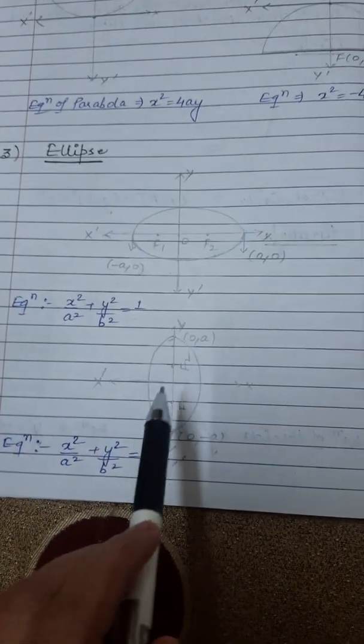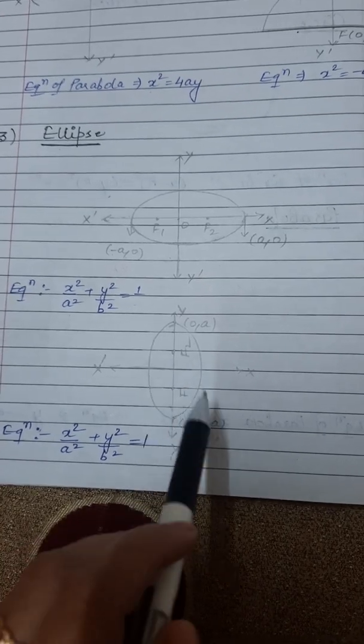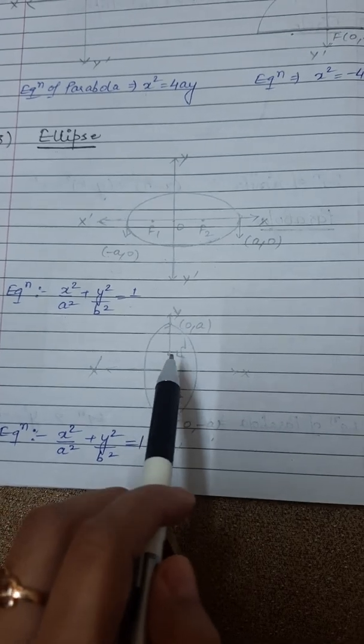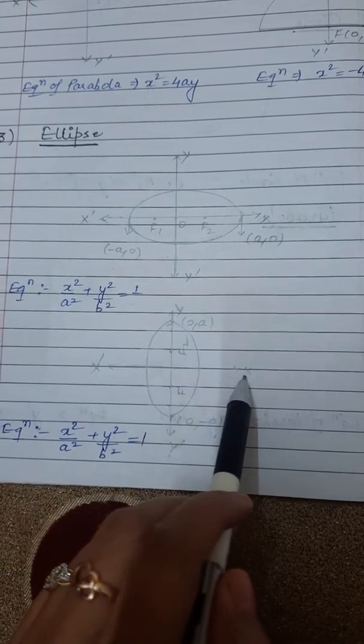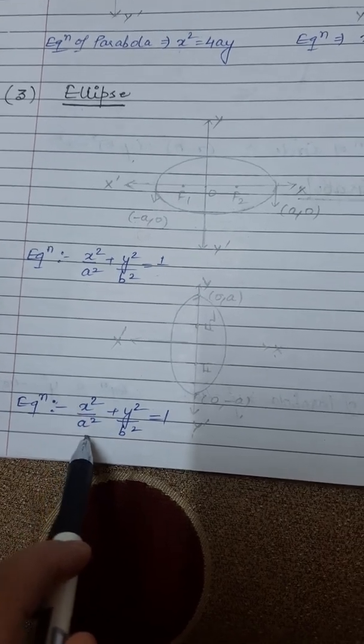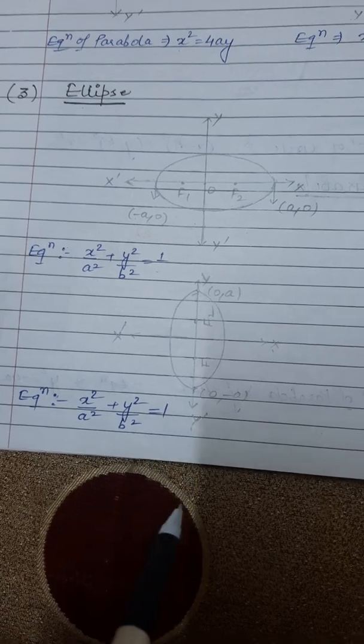Now see the second figure of ellipse. Here the major axis lies on the y-axis, while the minor one lies on the x, whose equation is x square upon a square plus y square upon b square is equal to 1.